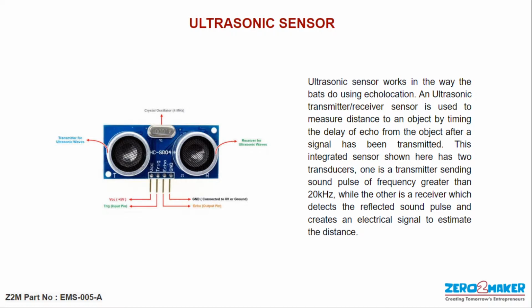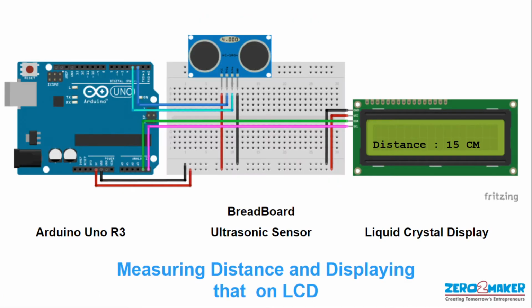You can see there is one transmitter and one receiver. The outer peripheral has a disc-like structure, and that will basically give you the outcome. Now let's go further and understand a similar project, the second project, and how it works.